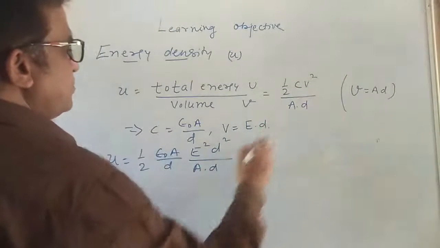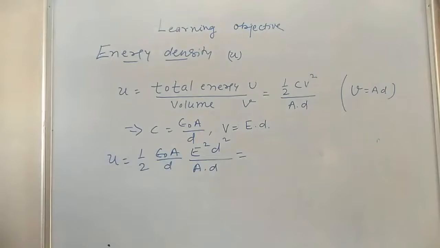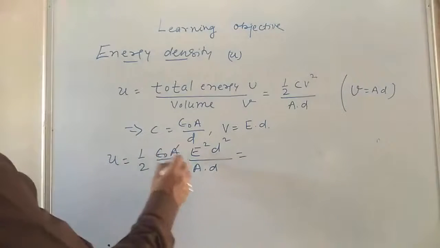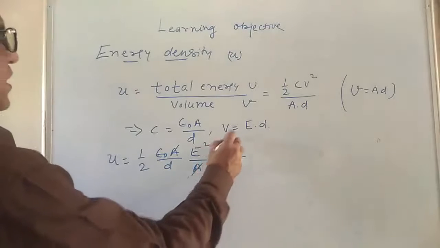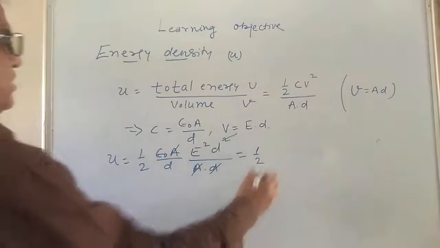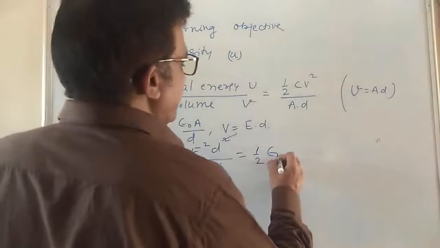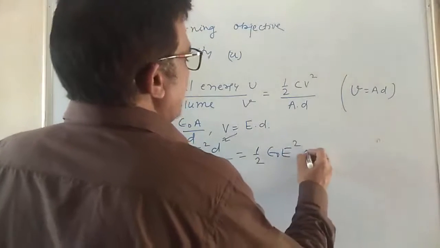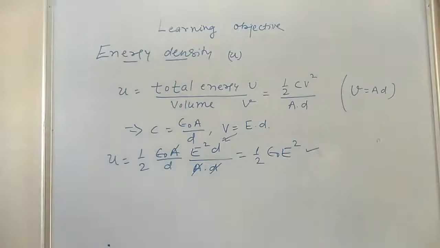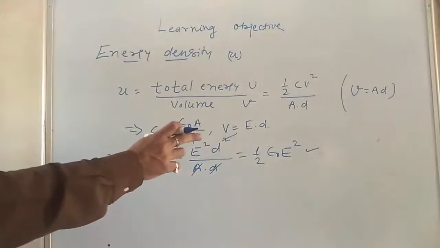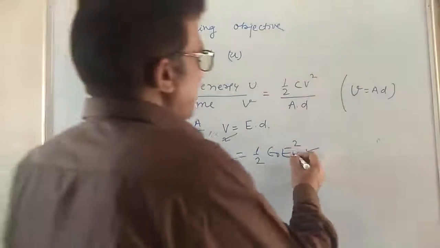What is A into D? A, D, D cancel. What is there? 1 by 2 epsilon naught E square. Here E is the strength of the electric field.